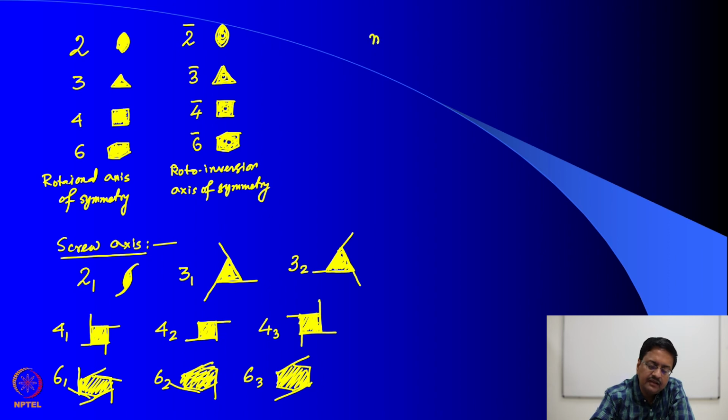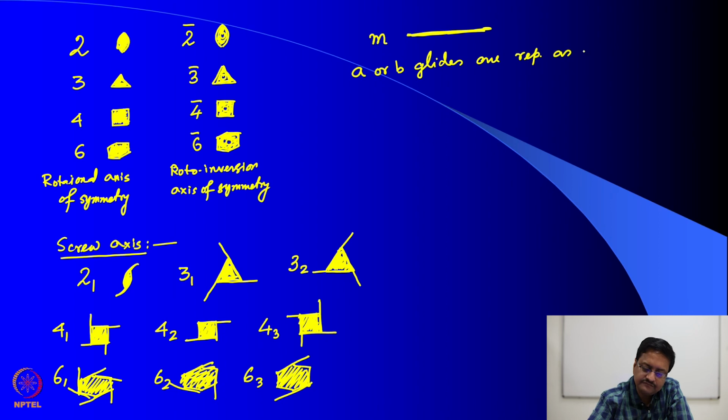A mirror plane is represented as a bold line. There are different types of glide planes. A or B glides are represented as dashed lines. C glide is represented as a dotted line.